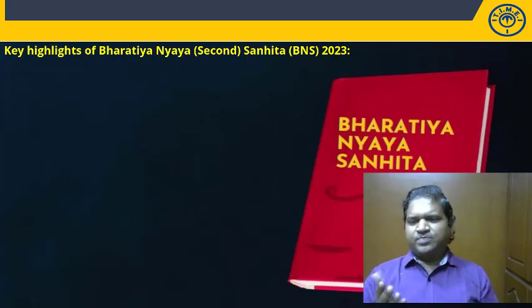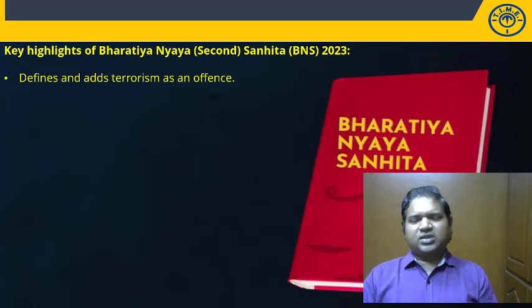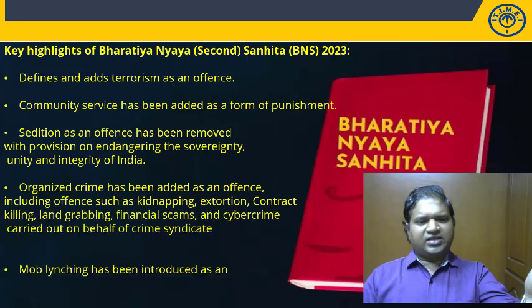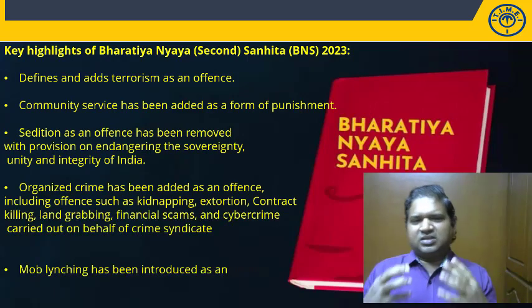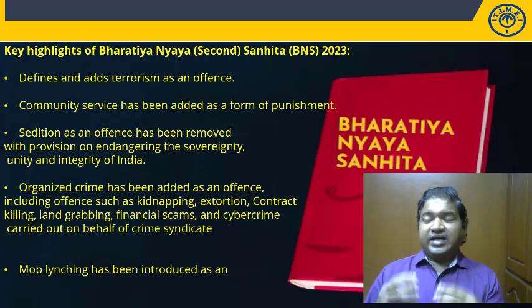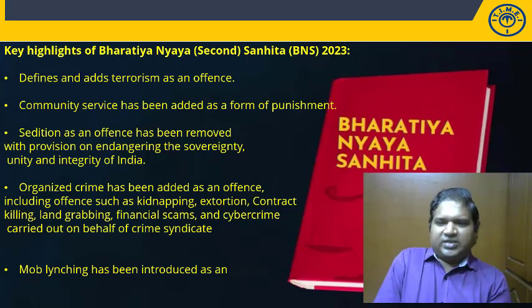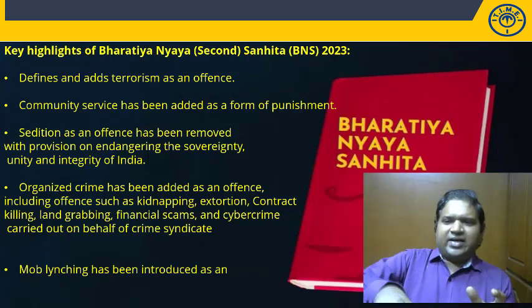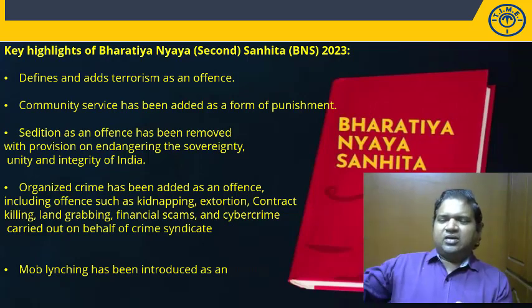Starting with the first major act, that is your Nyaya Sanhita, which has replaced the erstwhile Indian Penal Code. Of course there are so many other changes, as you can see here. One of the significant changes is that terrorism has been defined and added as an offense. Several things were not directly offenses, but we used to interpret other offenses and put those things in those offenses.